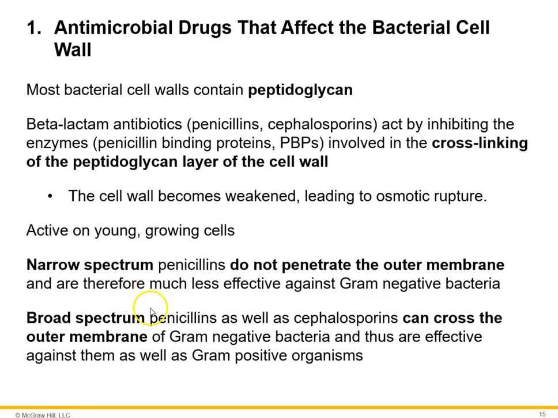Broad spectrum penicillins, on the other hand, and cephalosporins and carbapenems do cross the outer membrane of gram-negative bacteria. So they can get inside the cell, they can inhibit those enzymes that are building these peptidoglycan layers. So they can affect gram-positive and gram-negative organisms.